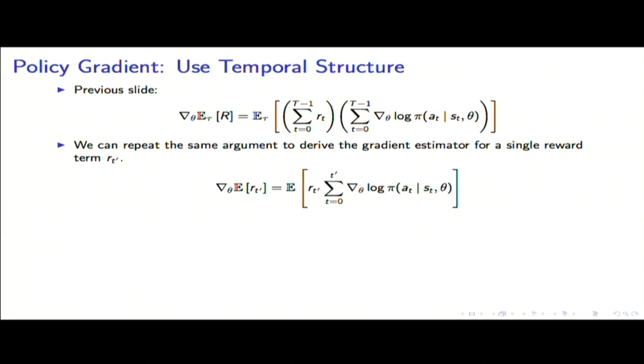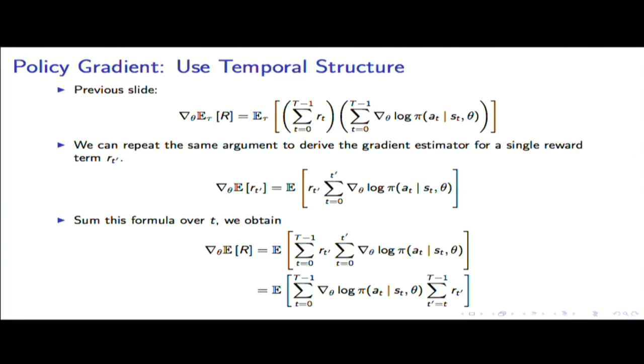We go through the exact derivation with the score function gradient estimator, and we have the expectation of this random variable times the grad log probability of all of the actions preceding that reward, because the actions after that reward don't affect it at all. Then we sum this formula over time steps t prime.